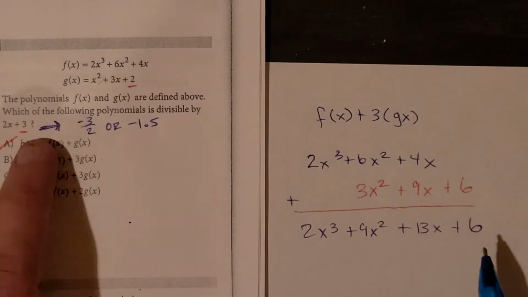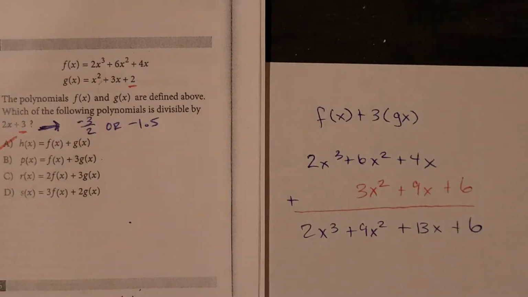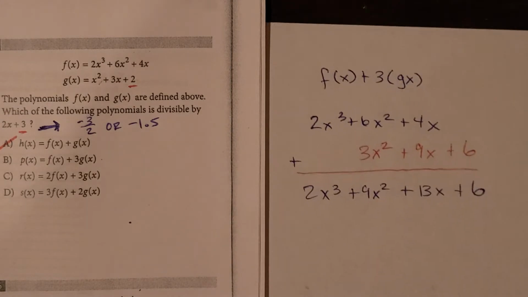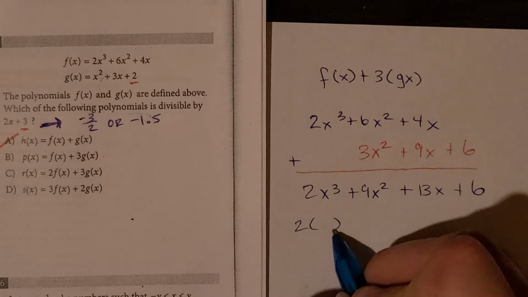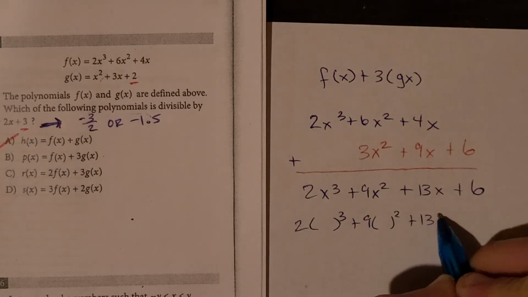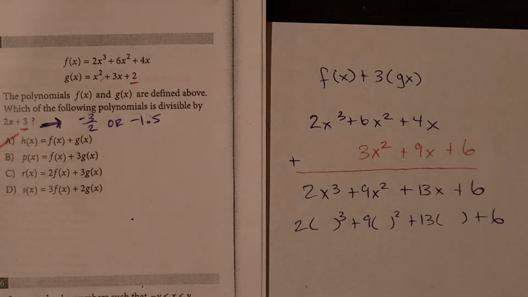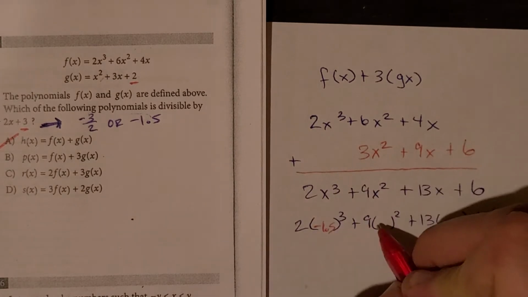If I were to check my constant terms, is 6 divisible by 3? You should say yes. Now here's what I mean by if I plug this in, I should get 0. If I come here and take out every single x, and we've done this a lot in my class, I plug in negative 1.5.